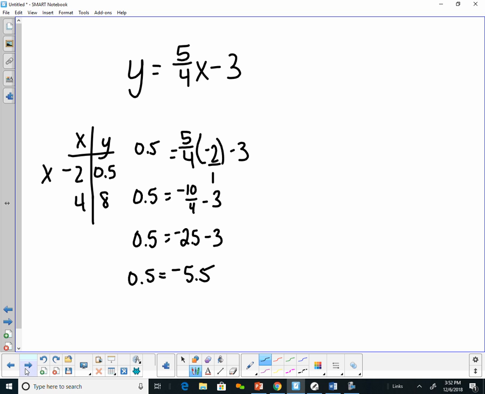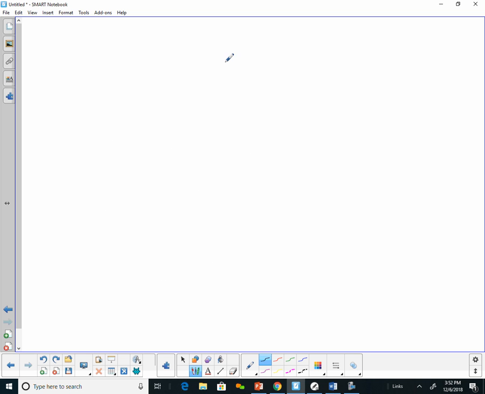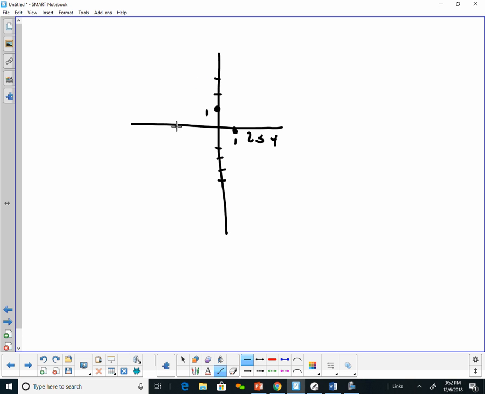So let me pull up a graph here. Let's just pretend this point is going to be 1, 0. This one's going to be 0, 1. And let's pretend that I have a line that's going through that.